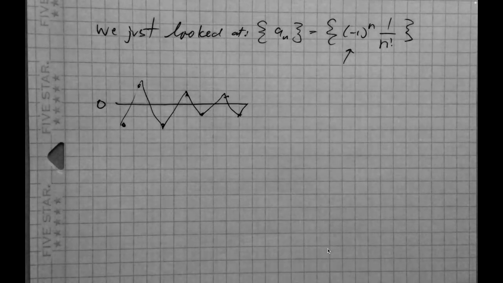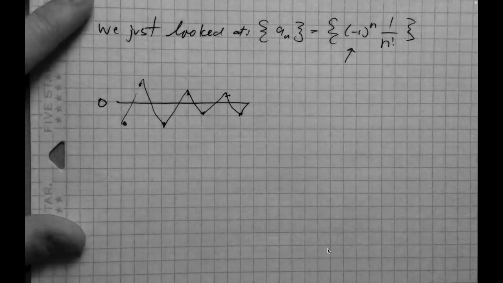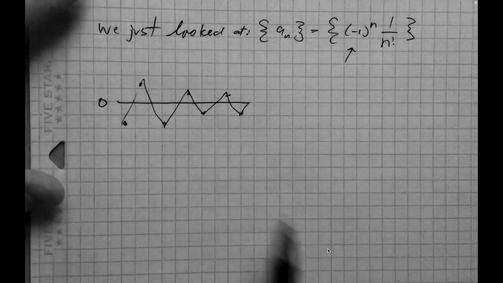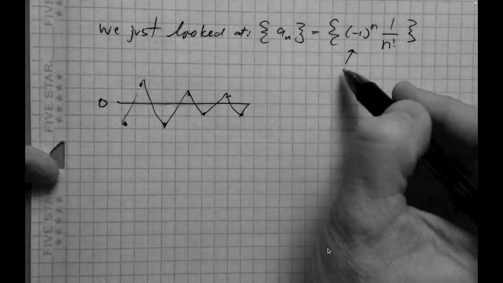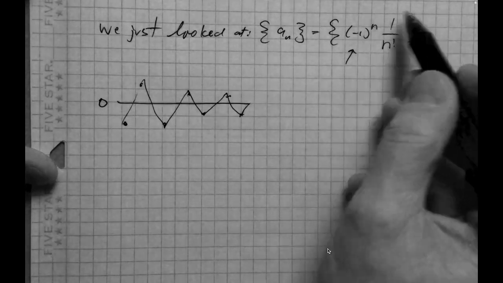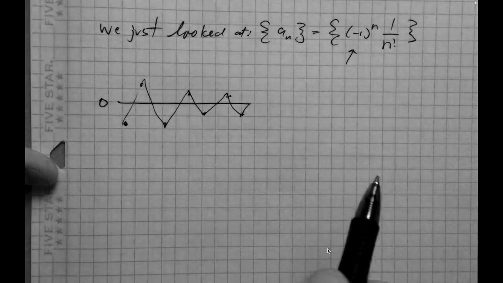Sometimes this oscillation can add some additional confusion. And so frequently, what we like to do when we have something like this is consider just the absolute value of the terms.